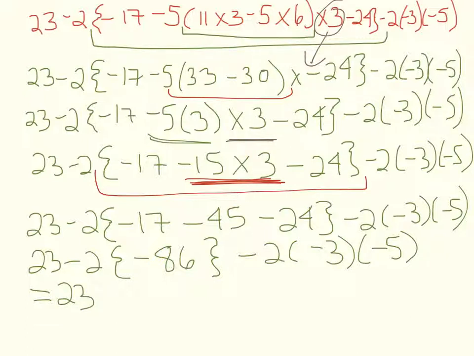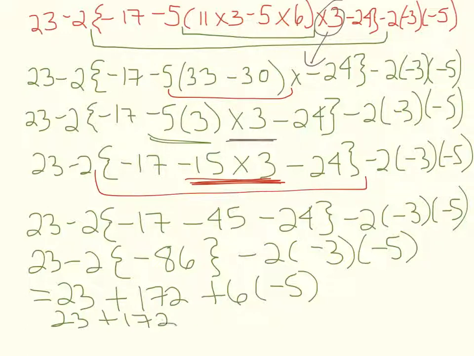Negative 2 multiplied by negative 86 will give us a positive 172. Negative 2 multiplied by negative 3 gives us a positive 6, and we still have that negative 5 there, which gives us 23 plus 172 minus 30, because we have a positive 6 and we're multiplying it by negative 5.